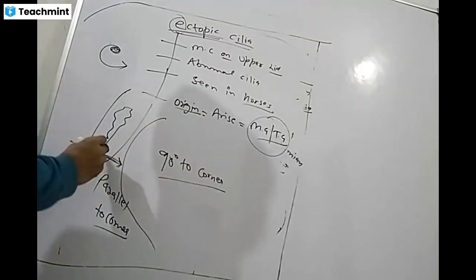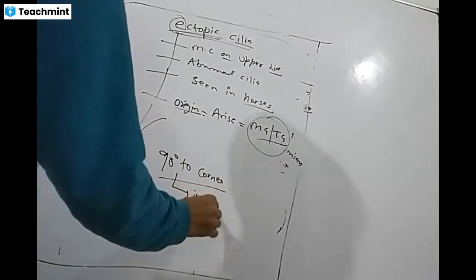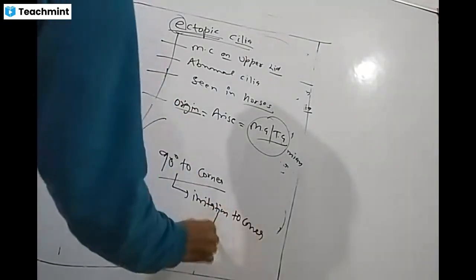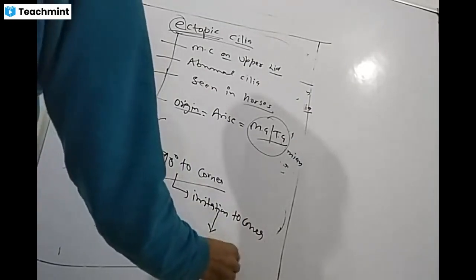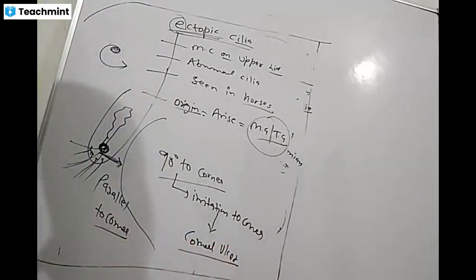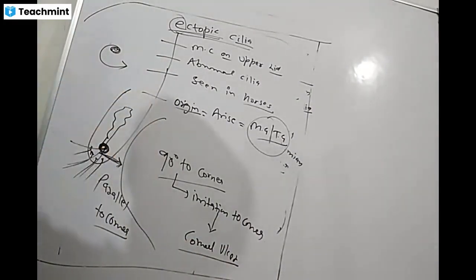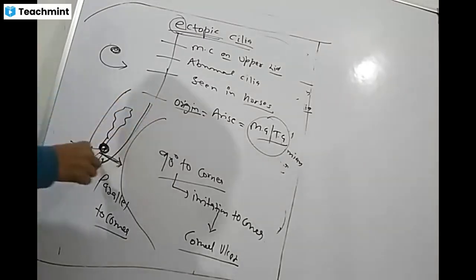It means they will cause irritation to the cornea. That may lead to corneal ulcers. They may lead to corneal ulceration. So here, this is the eyelid, and one more thing, the eyelid is lined by the conjunctiva. Which conjunctiva? Palpebral.